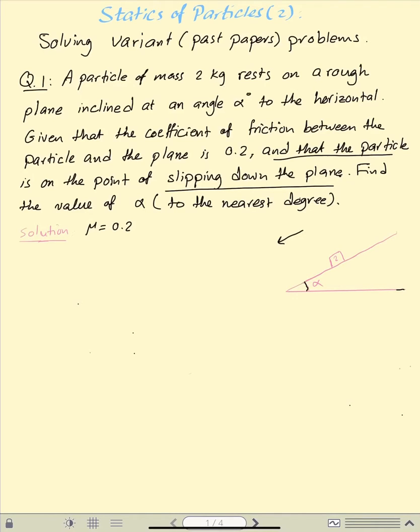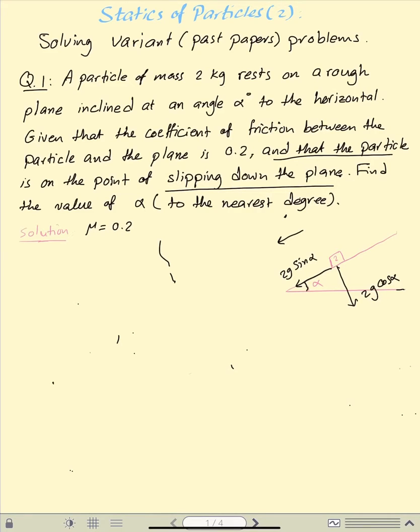As we used to do before solving the steps, we resolve the forces on the diagram. So we start with the components of the weight. This is the perpendicular one, 2g cosine alpha. This is the parallel one, to the direction of motion, 2g sine alpha.